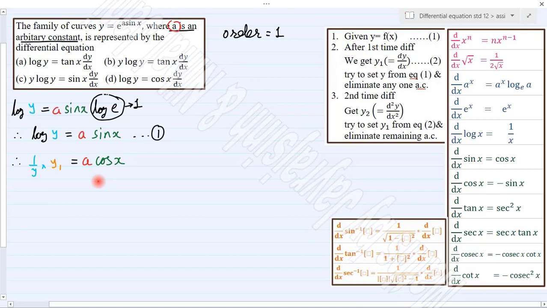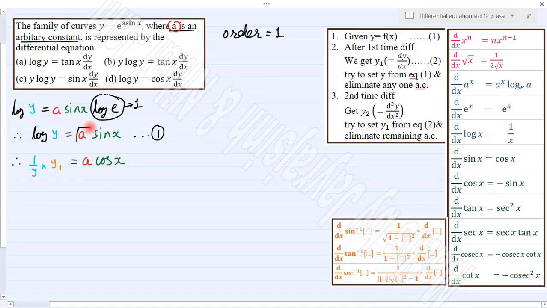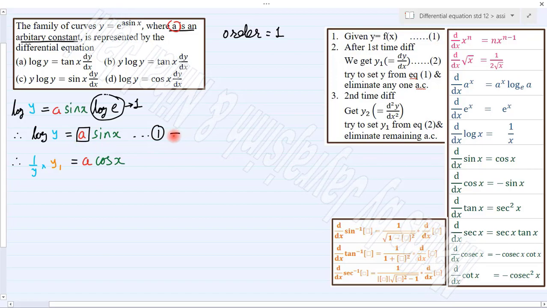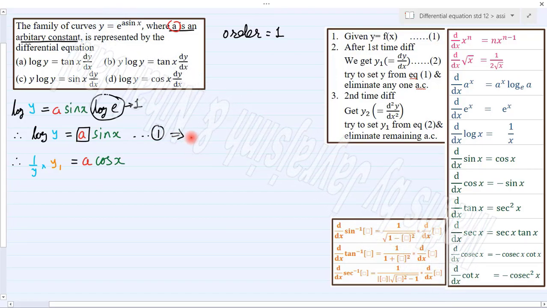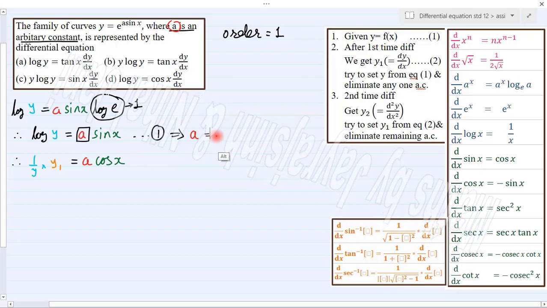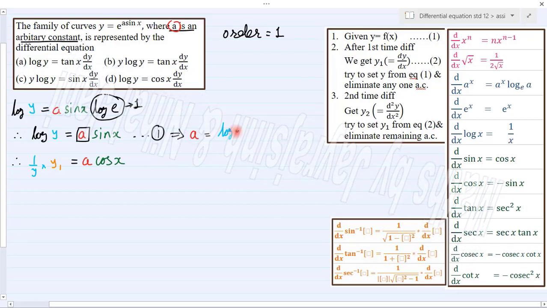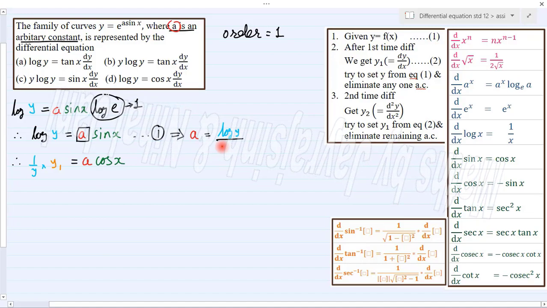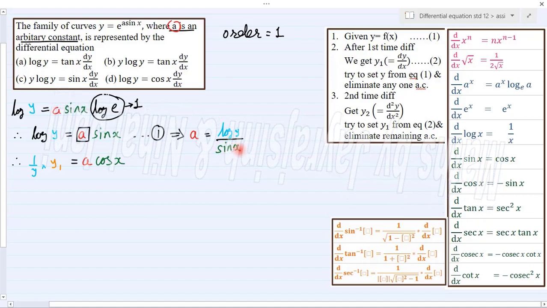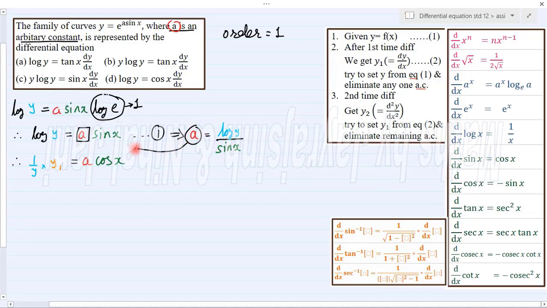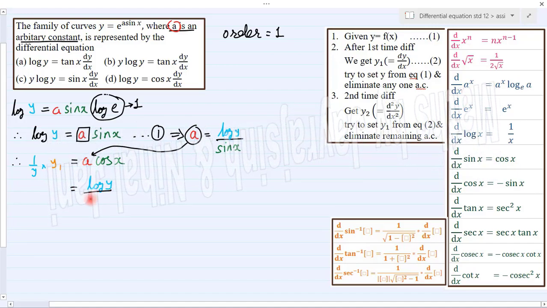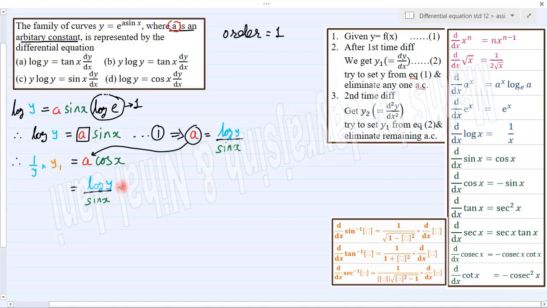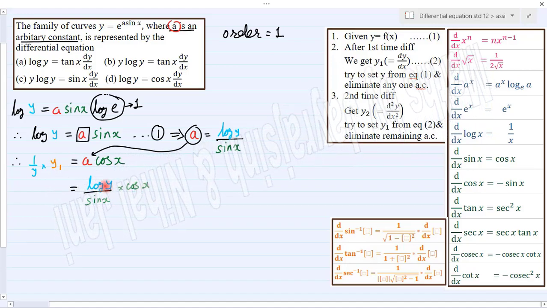But to get the final form of the differential equation, we have to eliminate our arbitrary constant from equation number 1. So we can say a is nothing but log y upon sin x. Substitute the value of a and we will get log y upon sin x into cos x.